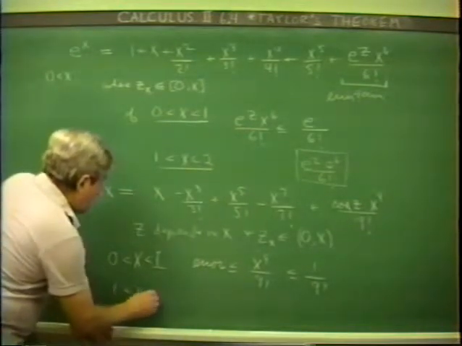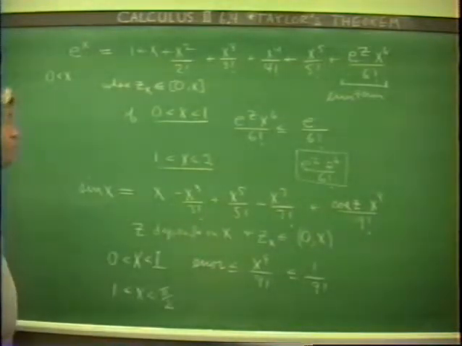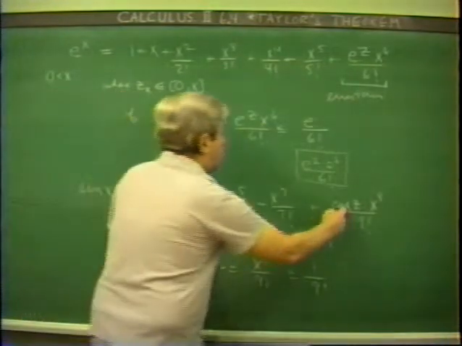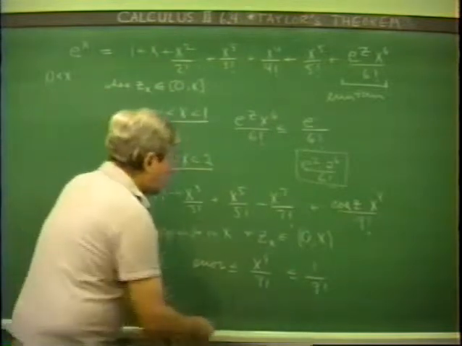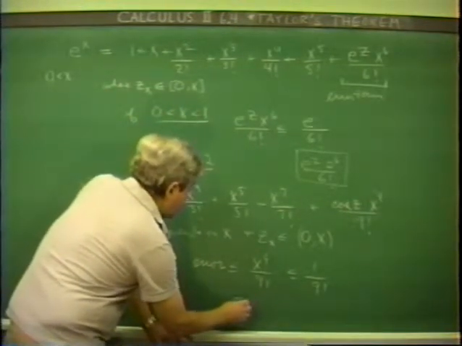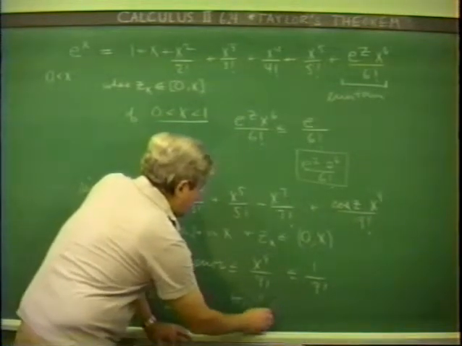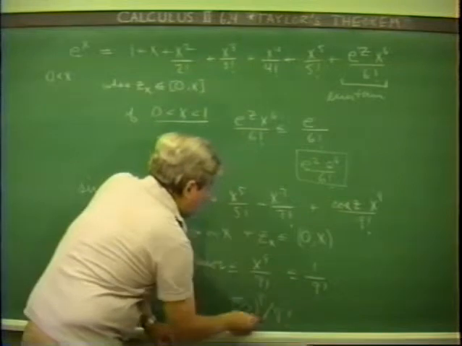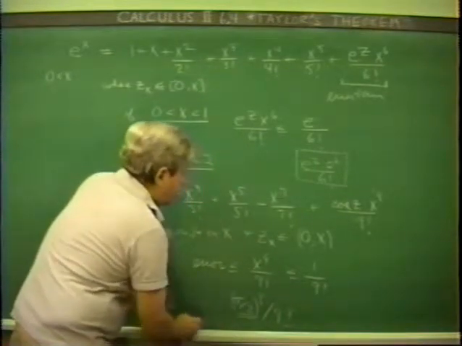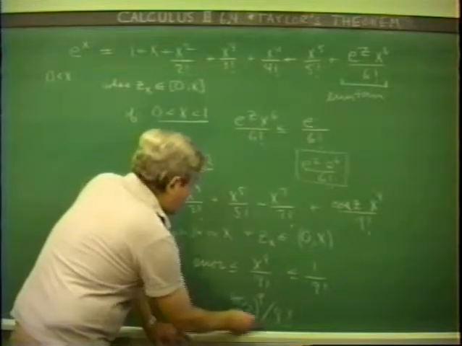Right? If we take x larger than 1, but let's say less than pi over 2, then we have a sort of dubious error term here. The cosine term here could be as large as 1, but now we've got pi over 2 to the 9th power as an upper bound over 9 factorial. Well, now, this might be a fairly large number here. In general, it will be.